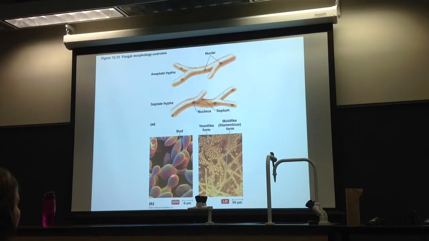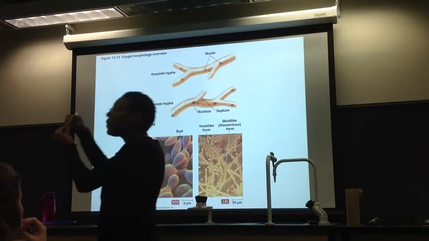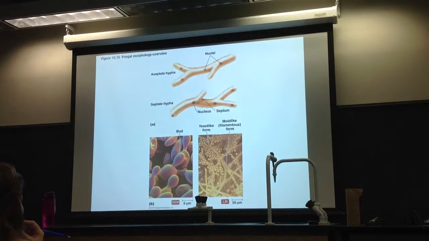Now, fungi like yeast don't really make hyphae. They can make pseudohyphae if they're doing budding and the buds never separate out. So they do budding, but the buds stick together. That's pseudohyphae in yeast.